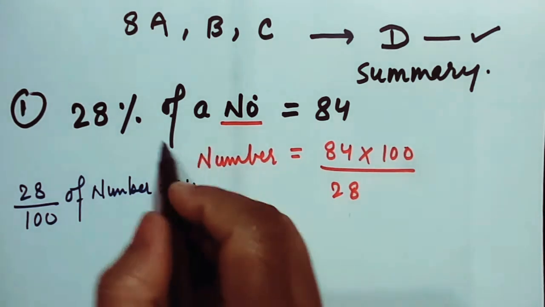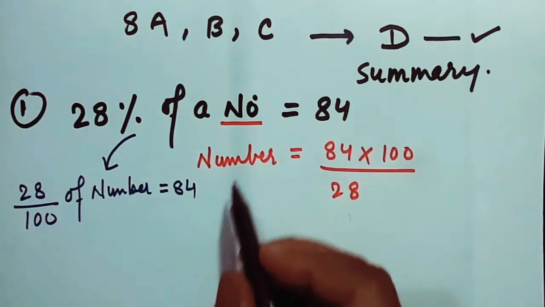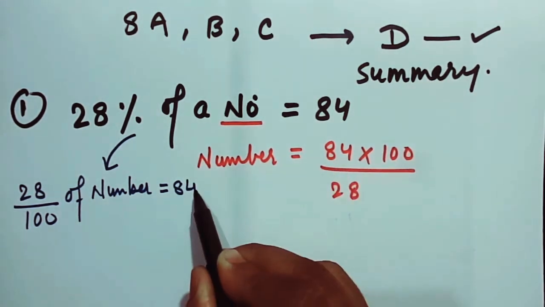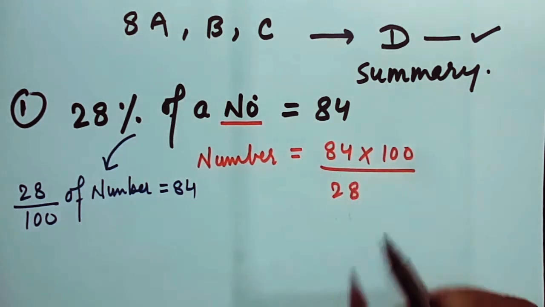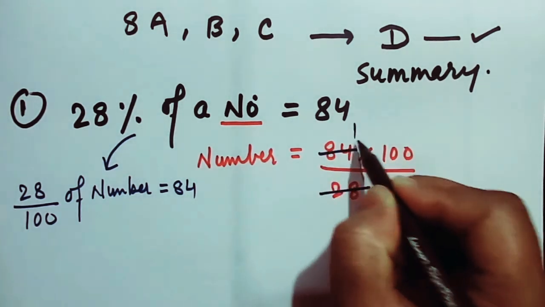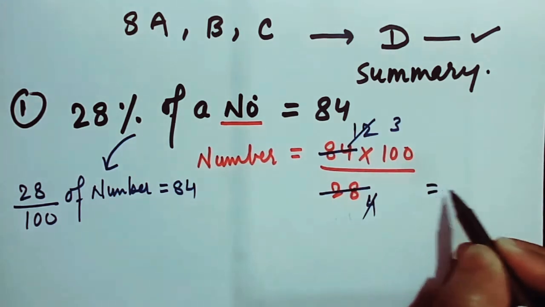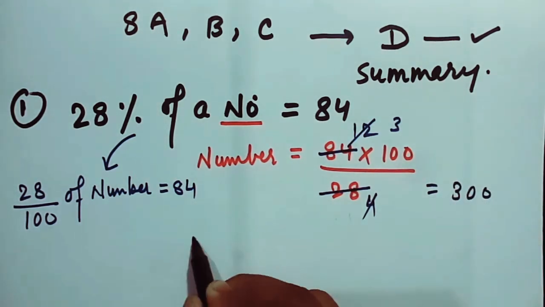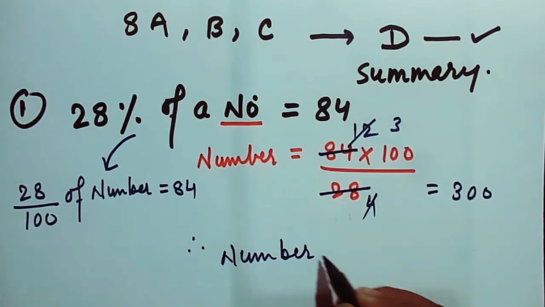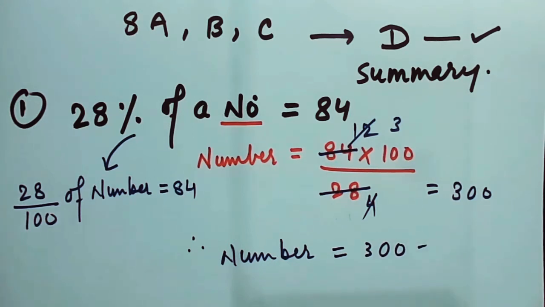Once you convert this form, the number is 84 multiplied by 100 divided by 28, which will give you 7 4s are 28, 3 times is equal to 300. Therefore, your number which was unknown is equal to 300.